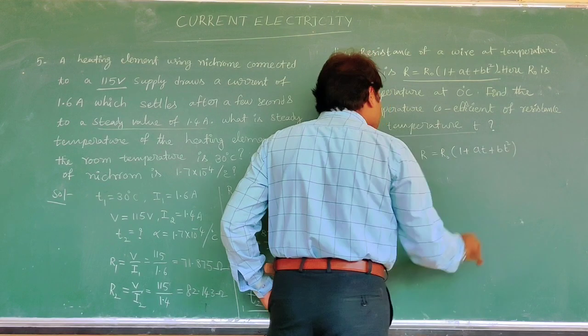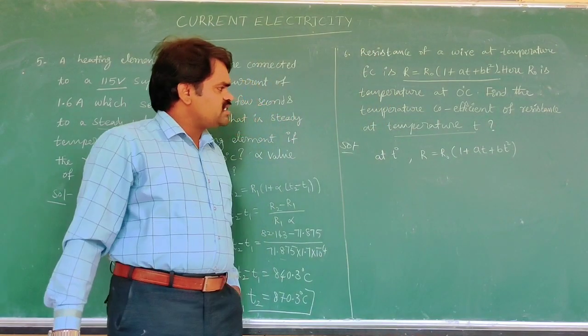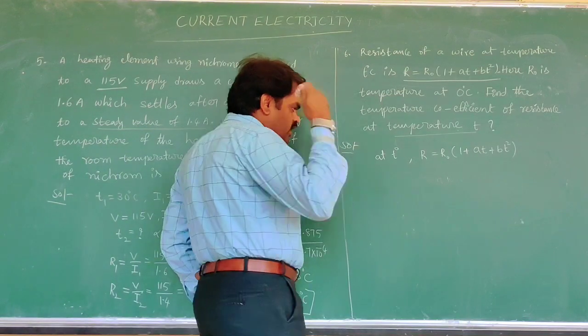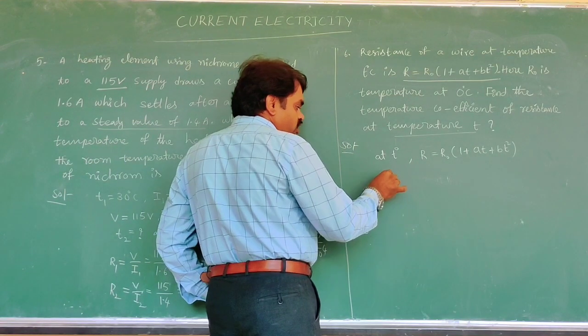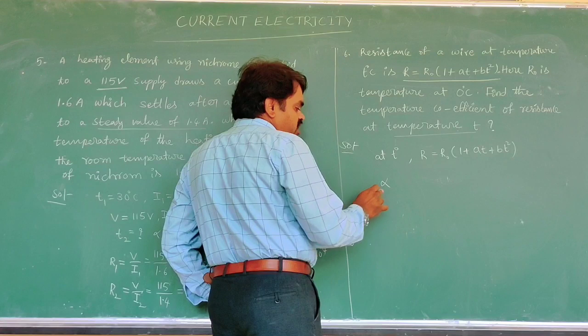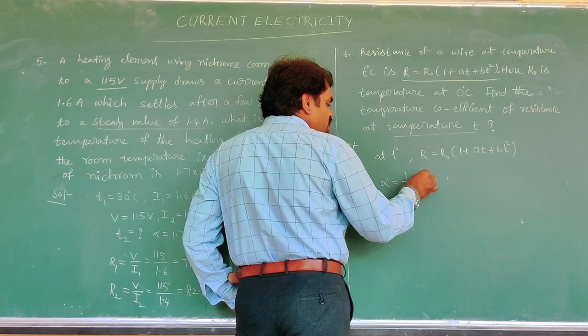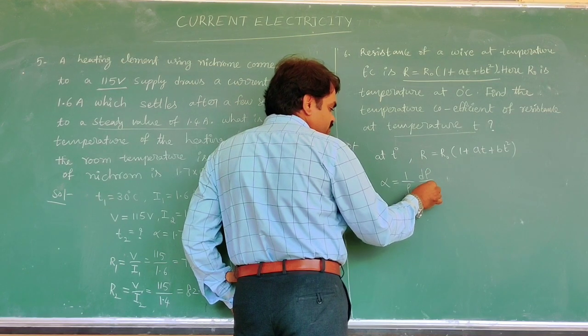You see that the resistance is a function of temperature. That's why, for the alpha value, we know the formula of the temperature coefficient of resistivity, 1 by rho naught into d rho by dt.